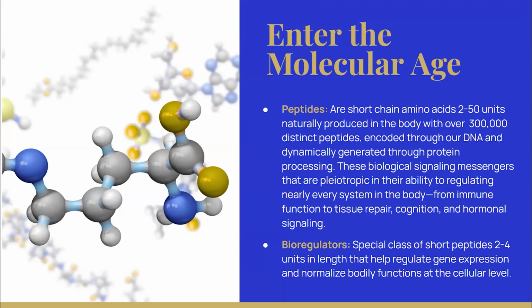They are signaling molecules that typically are pleiotropic, meaning they do multiple things and they can affect multiple pathways and multiple systems in the body. And so this actually adds to their ability to regulate and work within just about every system of the body. So from immune function to tissue repair, cognition, and hormonal signaling. So think of your peptides as pleiotropic.